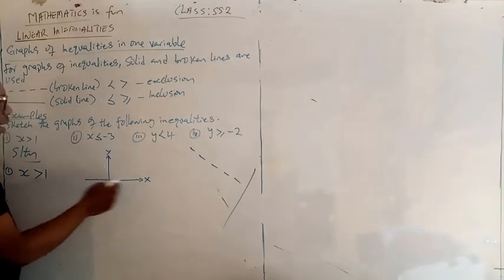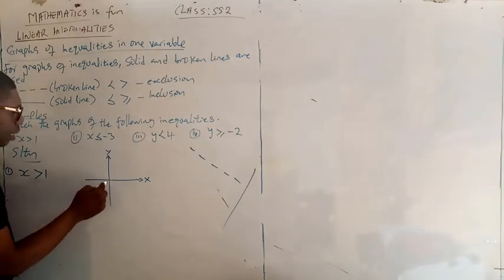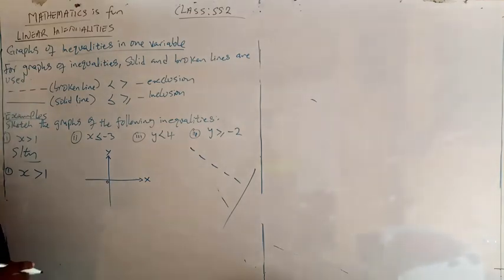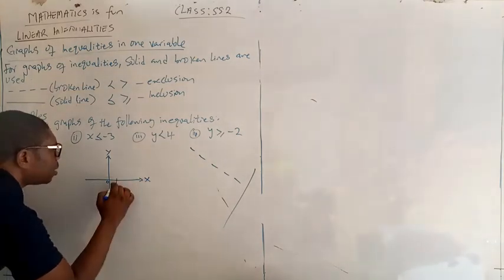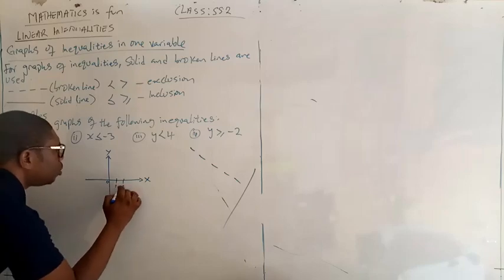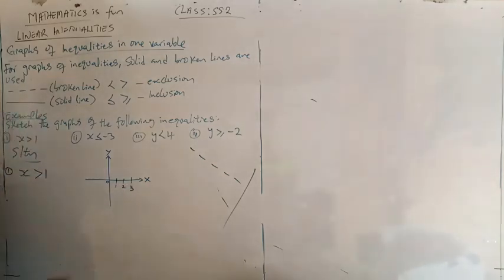Where the two lines meet, intersect, is called the origin, and it is labeled 0. Now, this statement says x greater than 1. Where is x equal to 1? This is x, 2, 3, and so on.